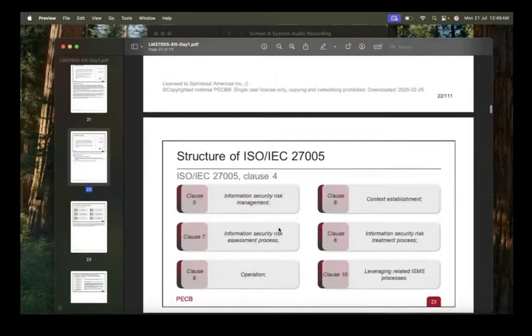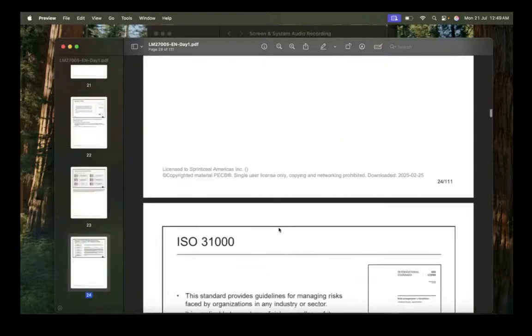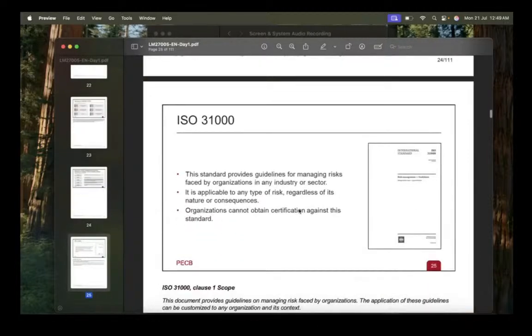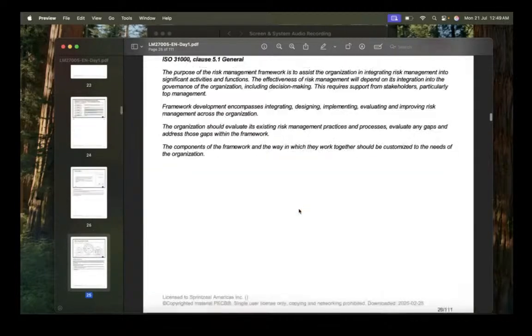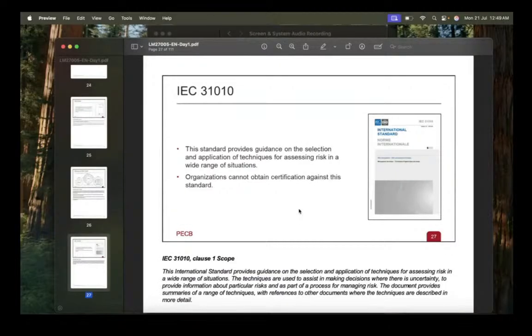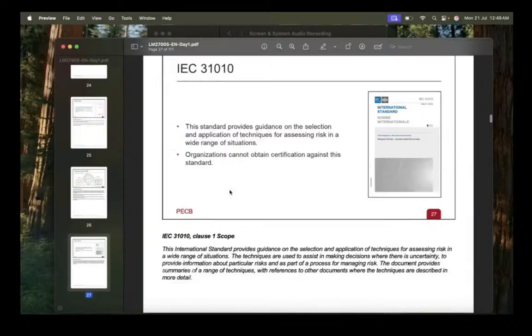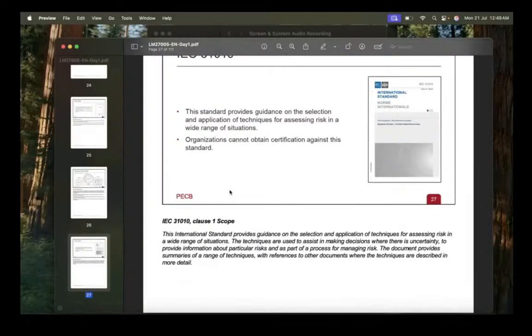Then we discussed 31000, cannot obtain. And then we are currently on 31010. Here also, it cannot be obtained. So only 27001, because it has the requirements. All the other three that we have discussed, organizations cannot obtain certification against.